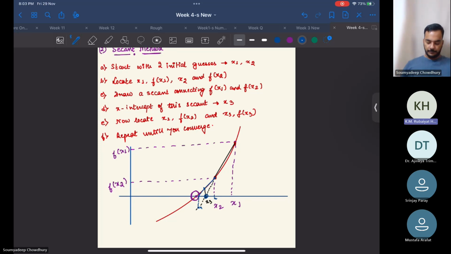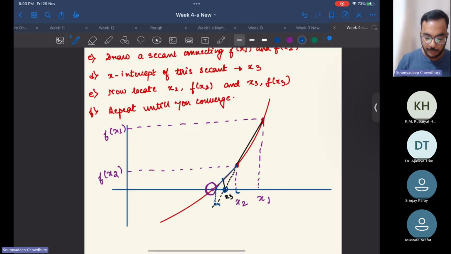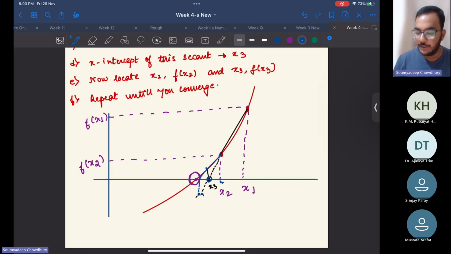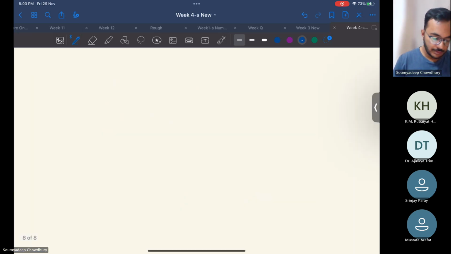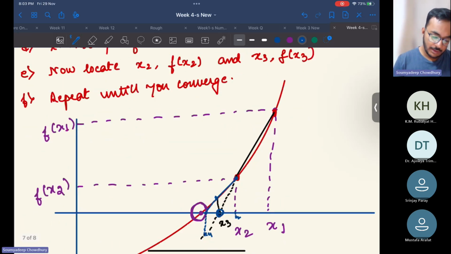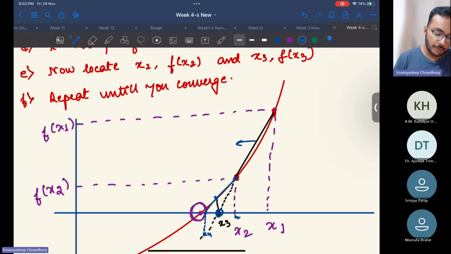Yes, sir, clear. Okay. So now this is the geometrical approach, right? So we need to find a mathematical expression in order to solve it. So if you see here, this black line, what is the slope of this black line?